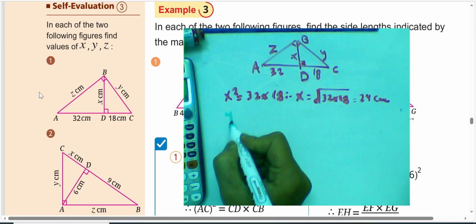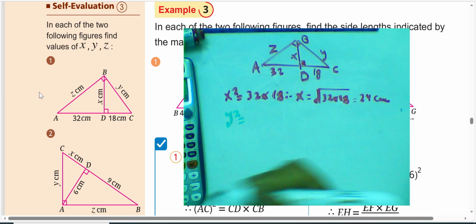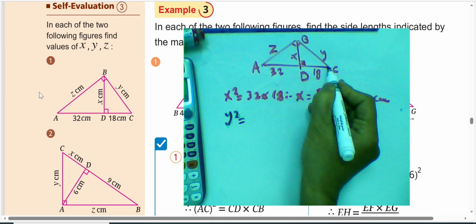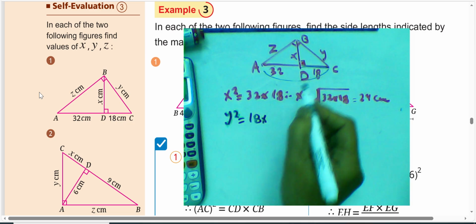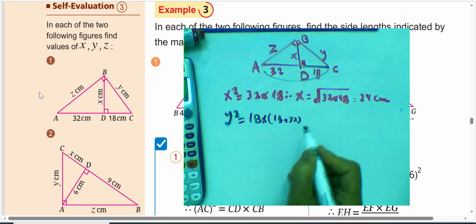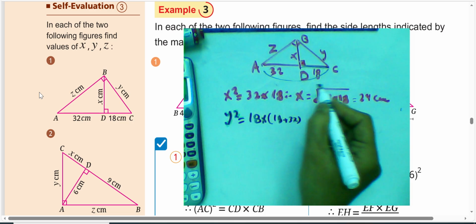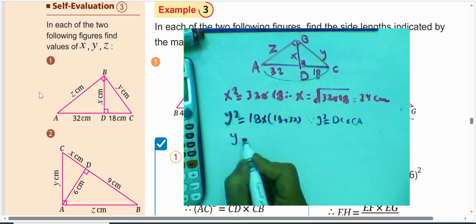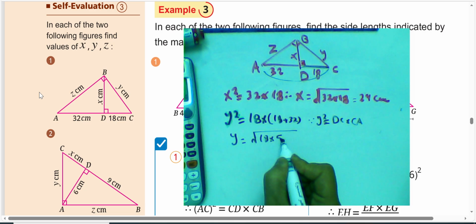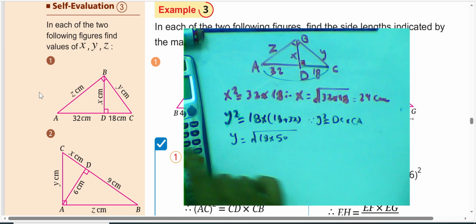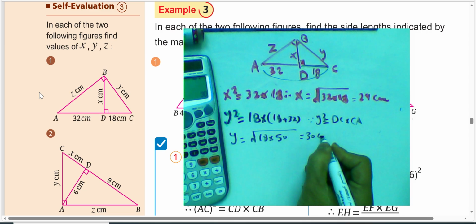We know y power 2 equals the conjunct of it, 18, product by the hypotenuse, 18 plus 32, because y power 2 equal DC product by CA. Then y will be square root of 18 times 18 plus 32, equal 50. Then square root of 18 times 50 equal 30. Then y will be 30 centimeter.